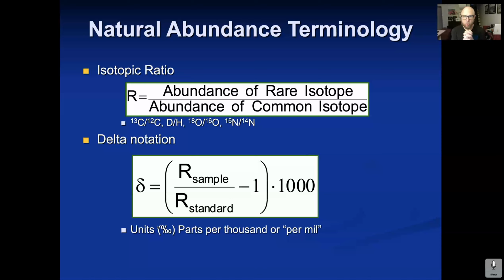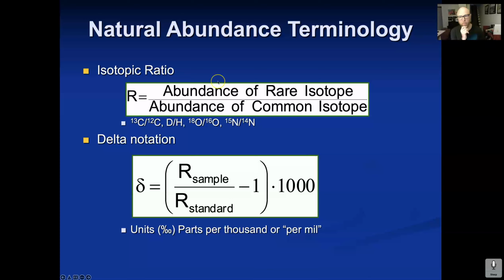So this first bullet point basically tells you how we're presenting the data for natural abundance isotopes. And this is again because of the way we measure stable isotopes. We measure them as an abundance. So we would measure the ratio, and we would report the abundance of the rare isotope.